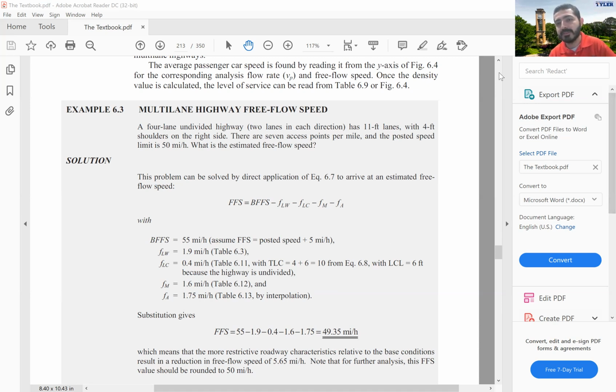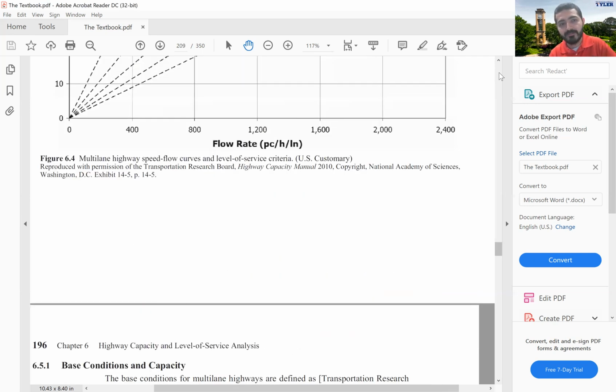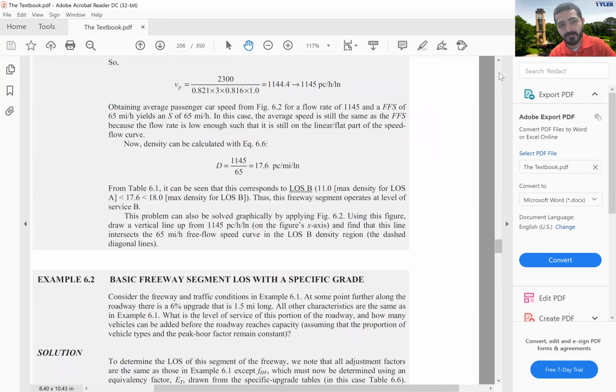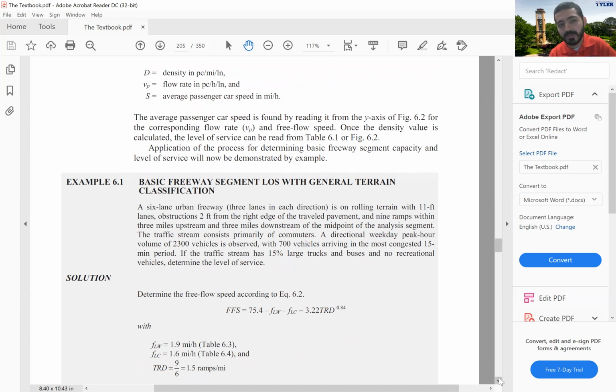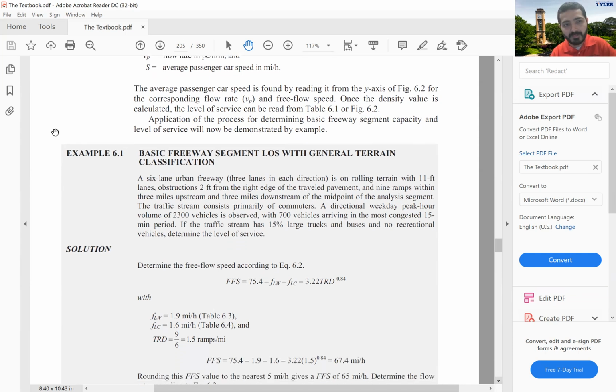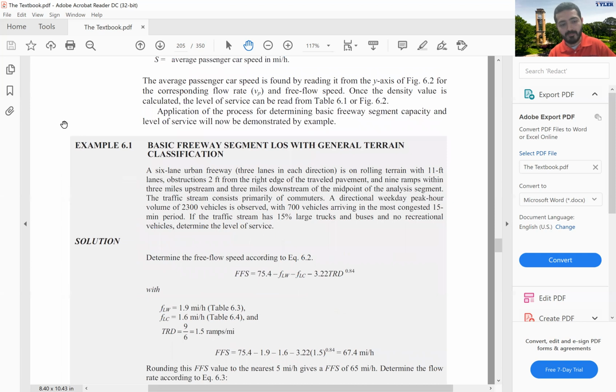Let's start with example 6.1 for freeways. All right, so this is basic freeway segment level of service. Let us take a picture of that, and just do the example by ourselves instead of just looking at the answer.